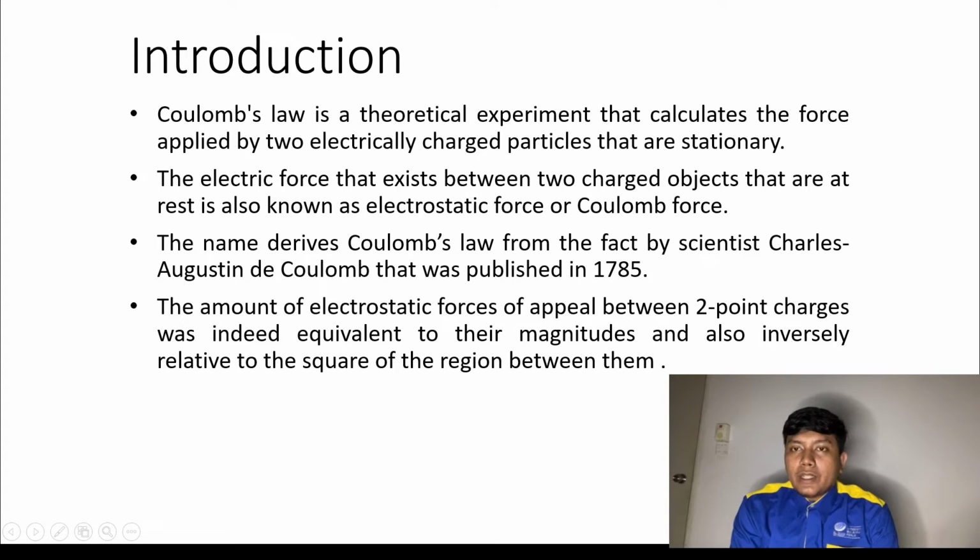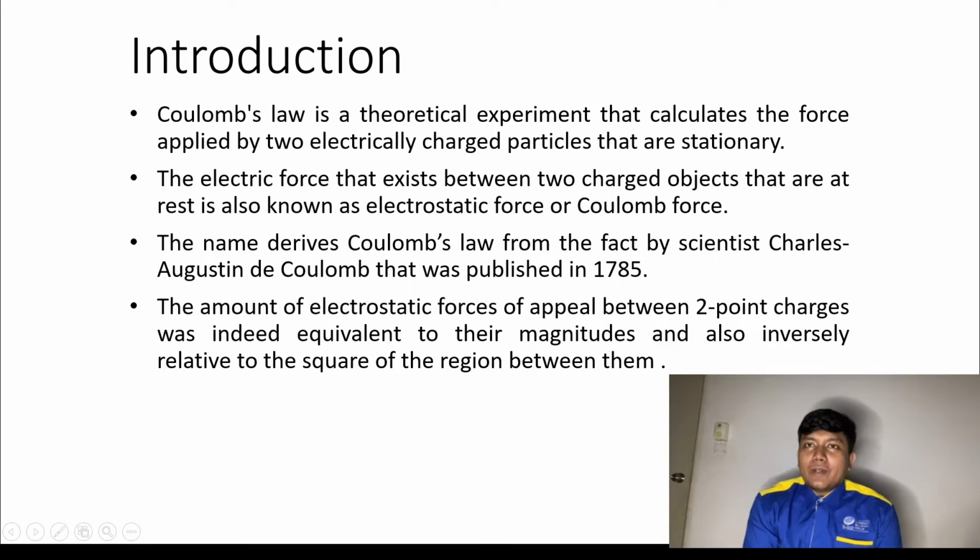The electrostatic force of attraction between two point charges is proportional to their magnitude and inversely proportional to the square of the distance between them, as shown in the law.